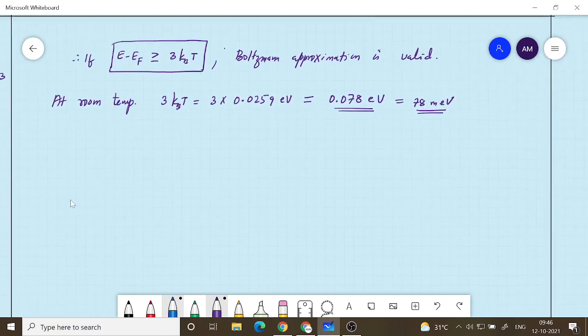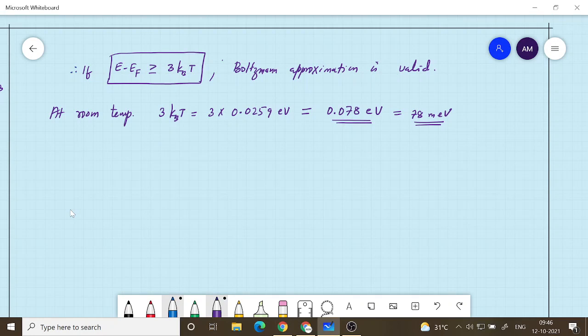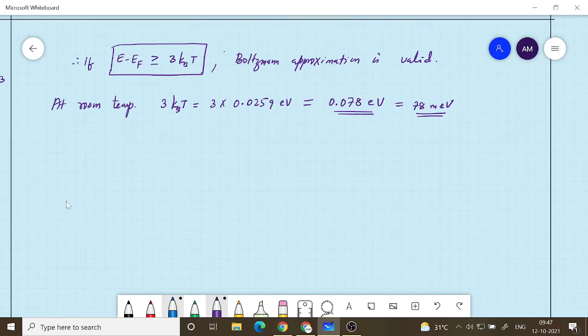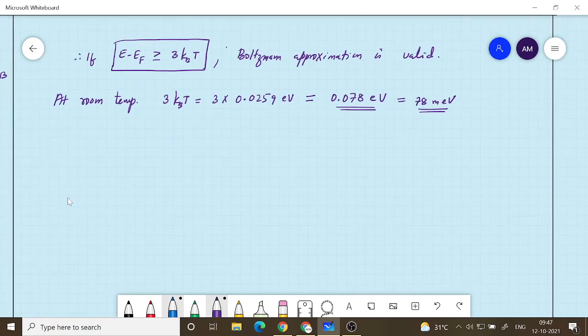Now, normally this approximation is satisfied, and therefore we can accept our formula in most of the cases. But there are cases where this formula may not be suitable to be applied, and in that case we need to do the integration without the approximation.